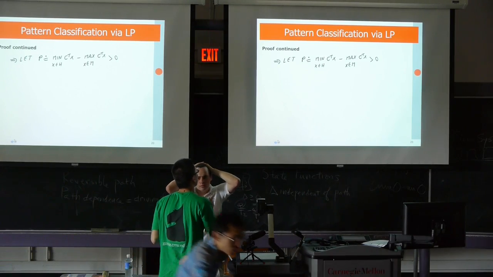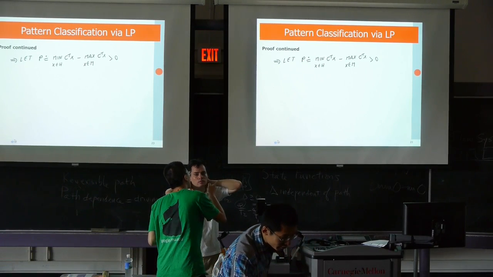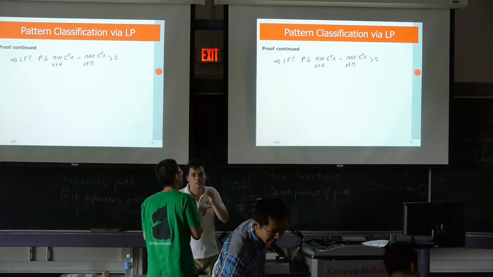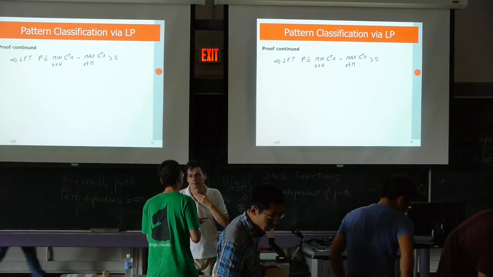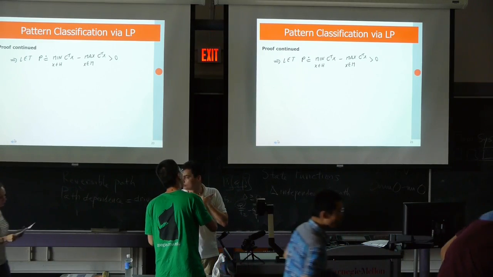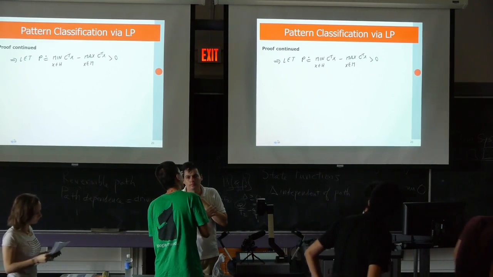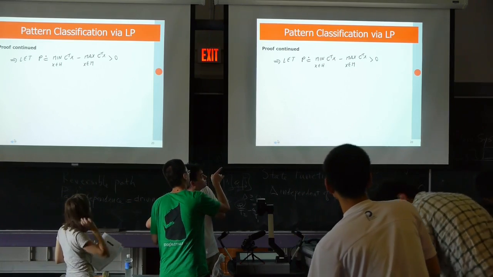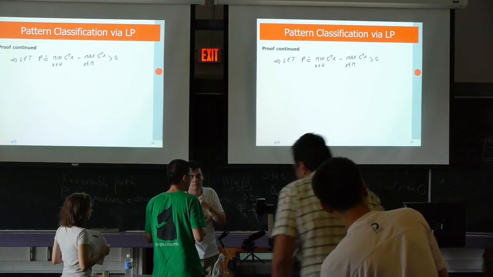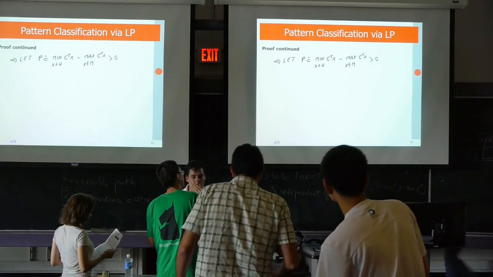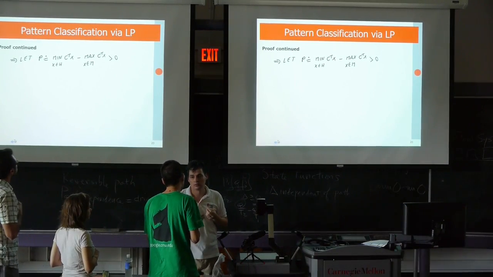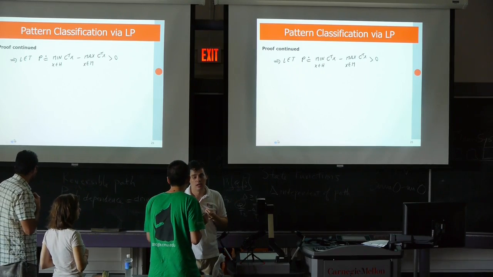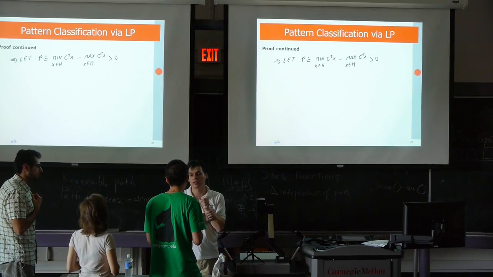We define this if it is strictly bigger than 0. From the definition, you said when they are separable, C transpose X is bigger than B, but C transpose X if X belongs to M is smaller or equal to B. So I meant it cannot be equal for that.